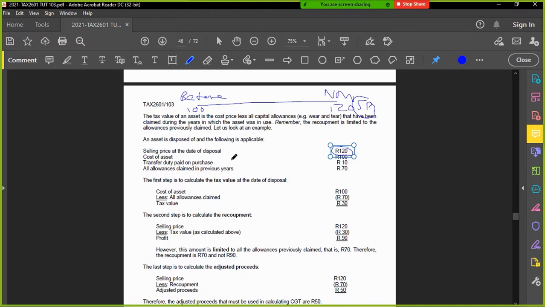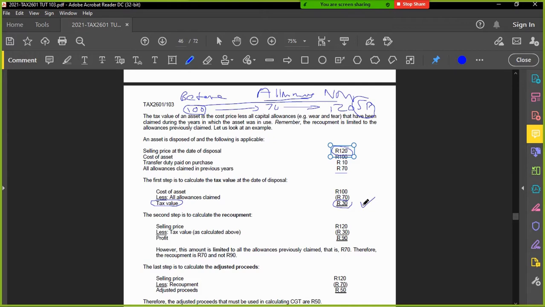Do you agree? Yes. All allowances claimed in previous years was 70. So looking at the cost and the allowances of 70 over that time frame, what would the tax value be? Cost less allowances, which is 30. Happy with that?